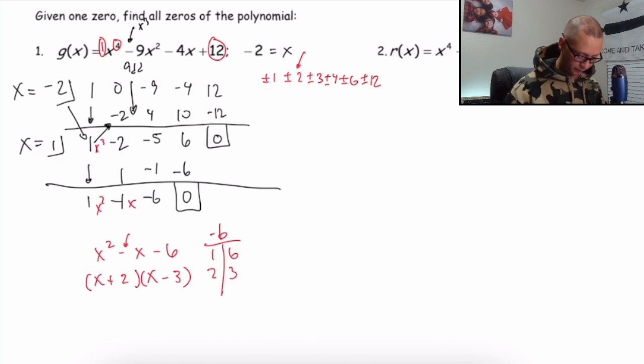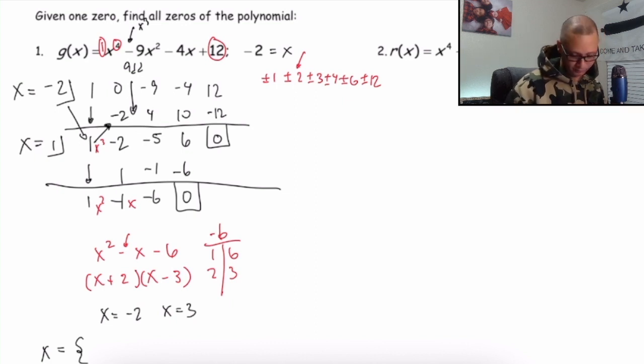All right. So our four roots are going to be, so it's a set, right? Like these four numbers create a set. So negative 2, 1, and 3.